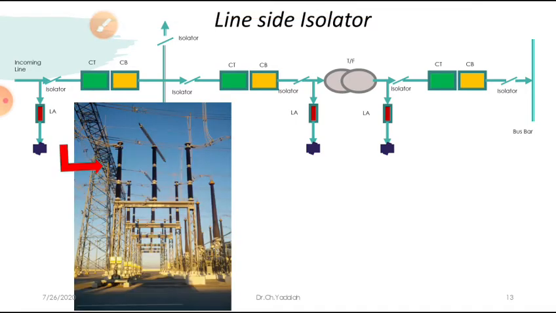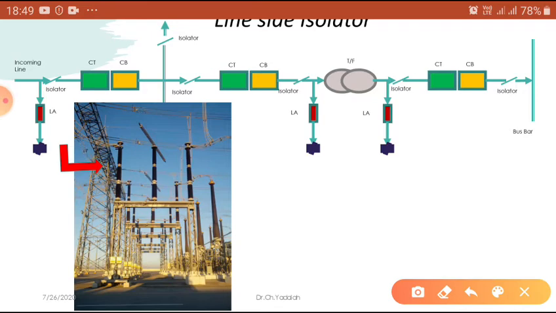You can see this figure here. Whatever the input coming through, this is the tower, the input coming in. The input coming from this side goes to the inside through this isolator. This isolator is known as the line side isolator.